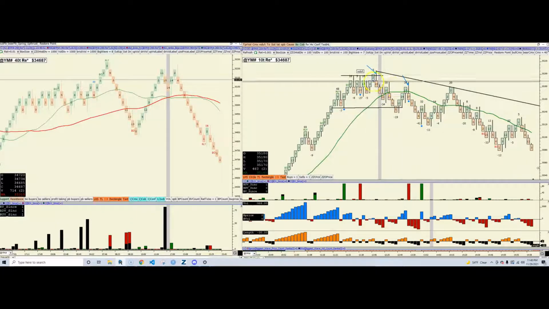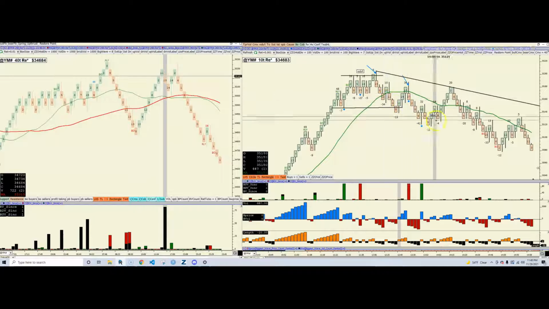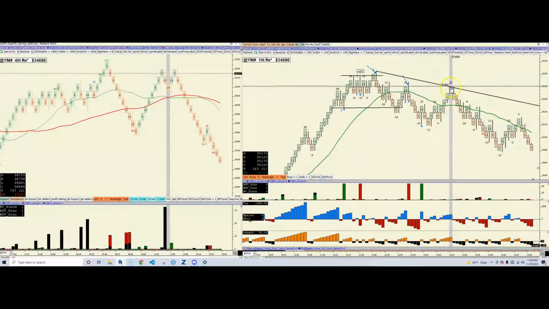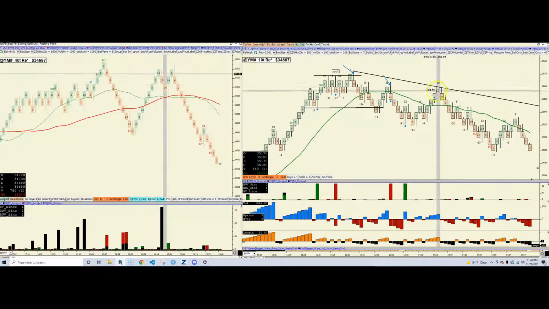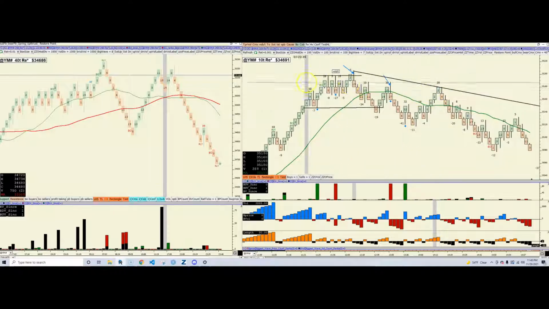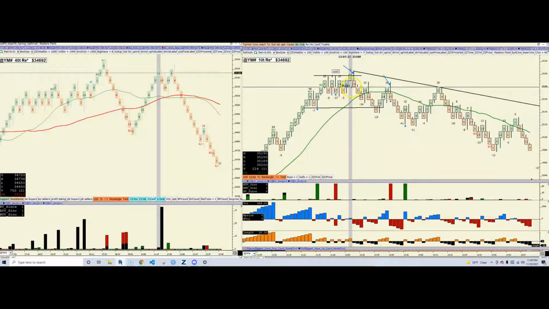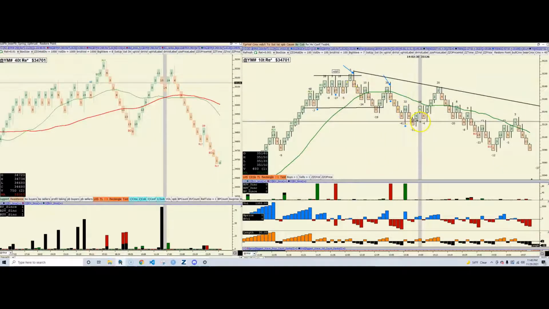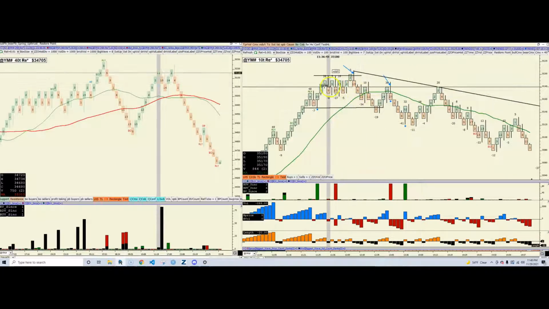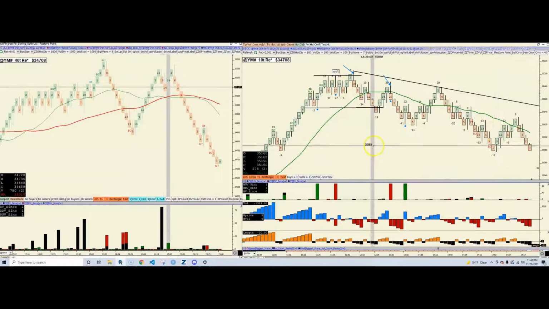I don't think the distribution is completed here, because it's actually completed here. This is your last point of supply, I think. So this is the end of markup and the beginning of markdown, within that distribution, ready to mark down.